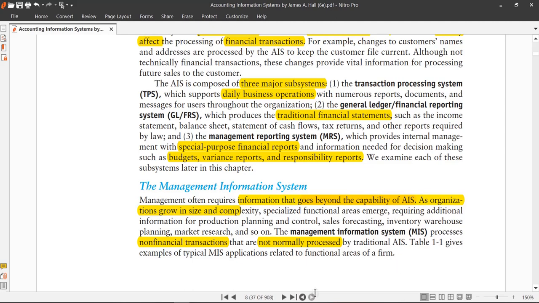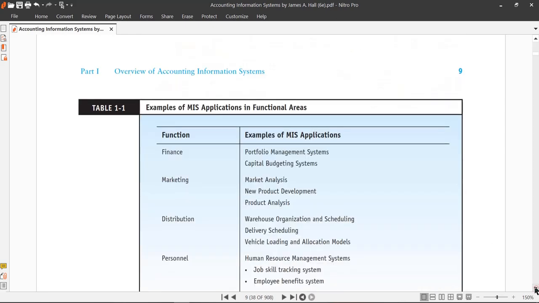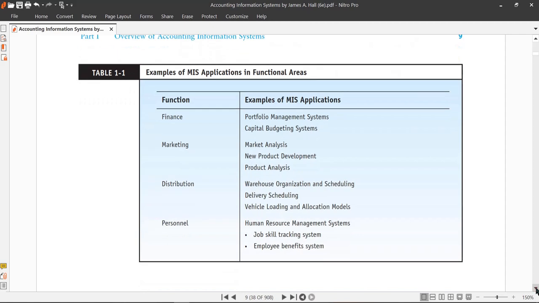Just to give you an idea, so yun na nga we discussed yung pinaprocess ng AIS. How about the MIS? I-highlight natin dito. And ito na lang, nasa baba yan guys. So these are examples of non-financial transactions processed by MIS.